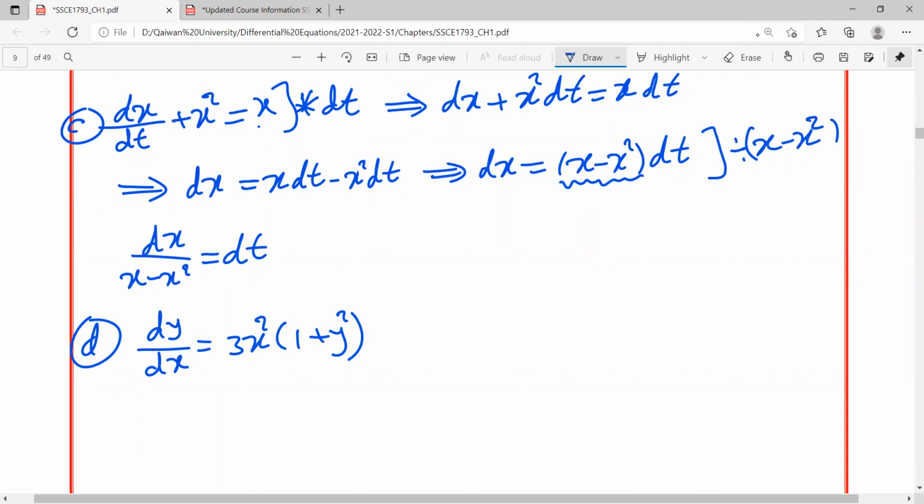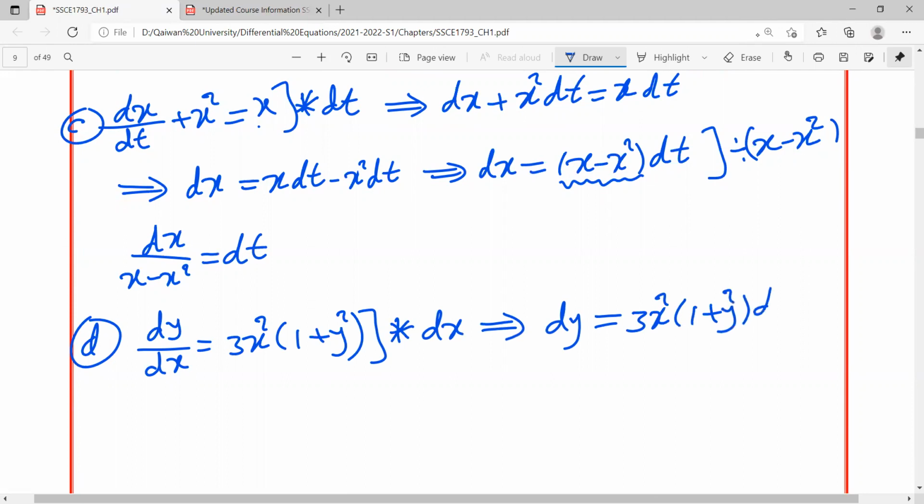What we do first, we multiply both sides by dx. And we get dy on the left-hand side, and on the right-hand side, we have 3x squared times 1 plus y squared dx. On the right hand side, we have dx, but we have 1 plus y squared also.